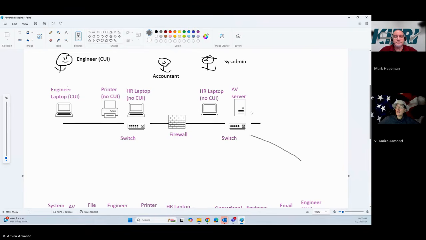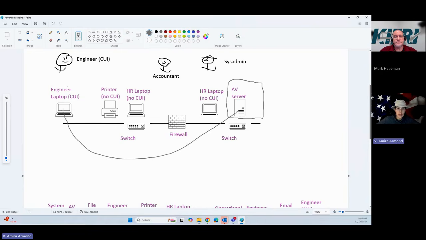Now, the antivirus server. This is a case where the antivirus server could be considered to be in multiple asset categories. Because when you look at the technical parts of this, an antivirus server has access to all the things that it manages, right? Antivirus servers actually have like super access to all that stuff.